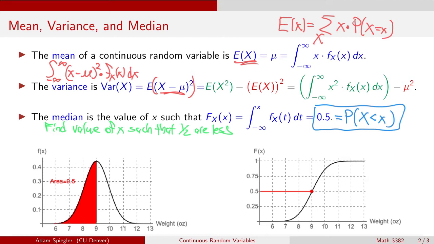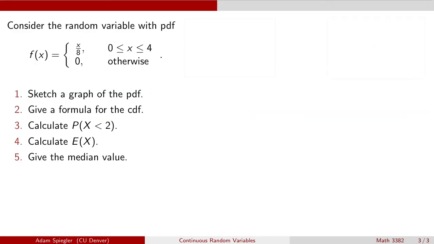And so on this last slide, I want to take a look at an example so we can practice doing calculations such as the mean with a continuous random variable. So let's consider the following example. We have some random variable x, and its probability density function is given by this piecewise function: if x is between 0 and 4, the PDF is equal to x divided by 8.